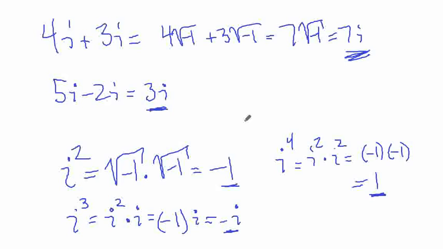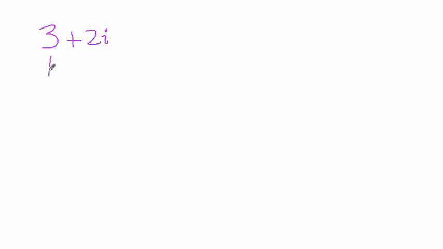Now, it gets better. We can also think of imaginary numbers as points on a plane. Right now, I've shown you numbers multiplied by i. Now, in general, you will have what's called a regular number, a real part, and then added to that, you can have what's called the imaginary part. This is the real part, and we call this one the imaginary part.